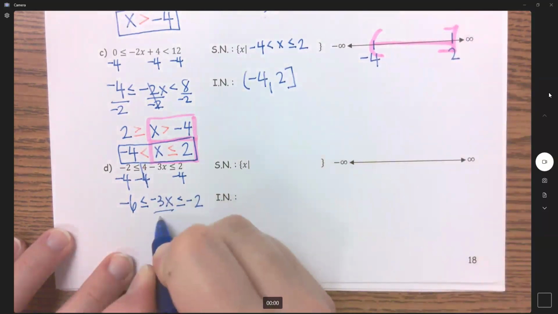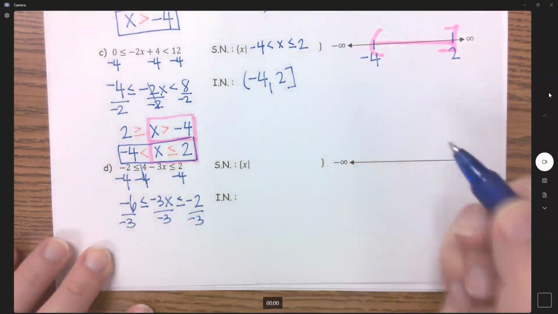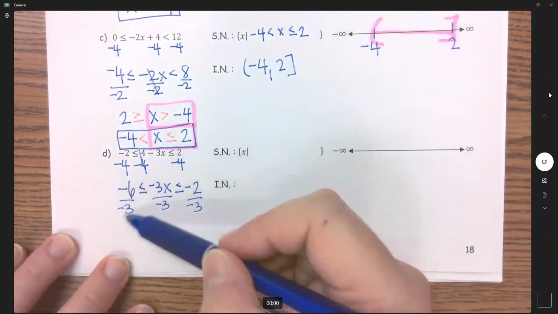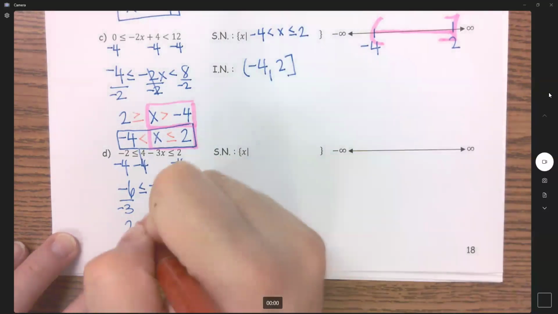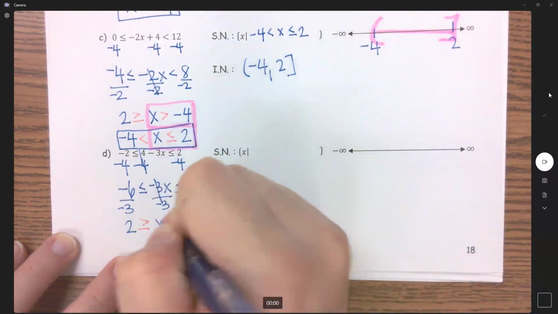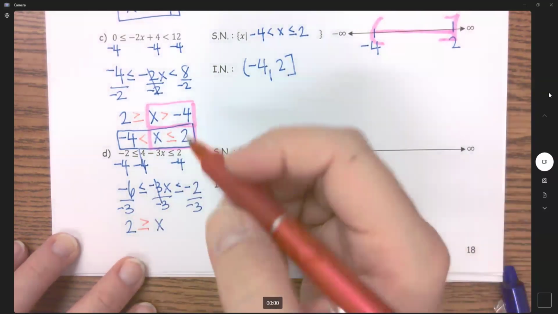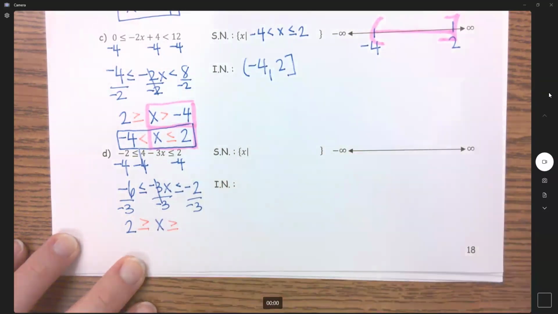Now I'm going to divide all 3 sections by -2. So negative over negative becomes +2. Because I'm dividing by a negative, we will flip this sign. That cancels, so I'm left with x in the middle. Dividing by a negative, so flip that sign again.